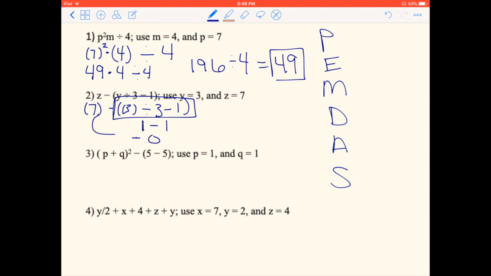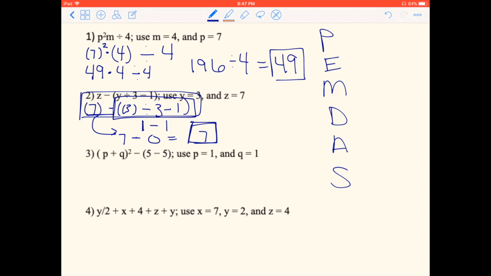And then we bring the rest of this equation down here. So you have 7 minus 0, which will give us 7. Again, you can also put this entire equation into your calculator with your parentheses and all, and it'll give you the same answer if you put it in correctly. So you can also practice putting things in your calculator.